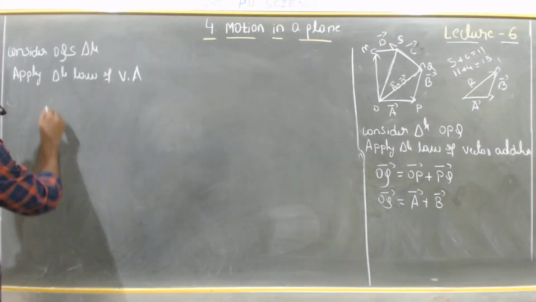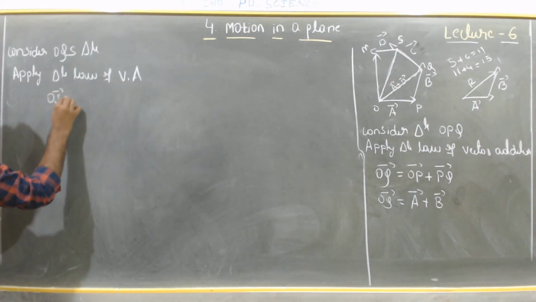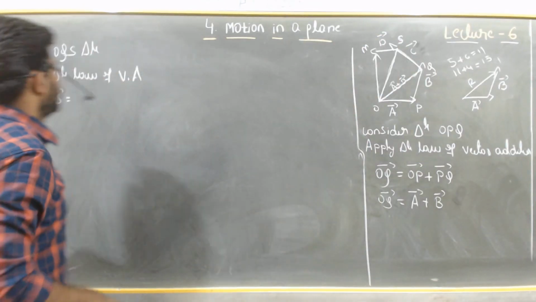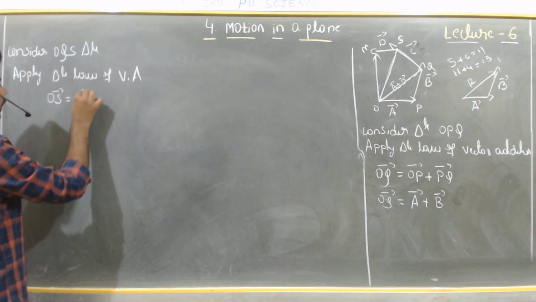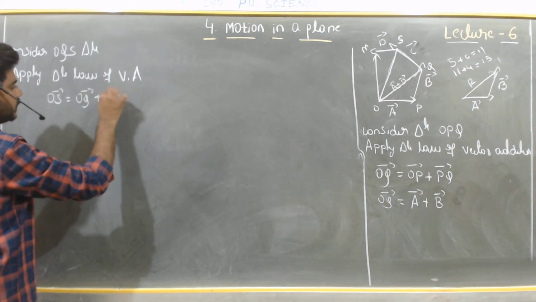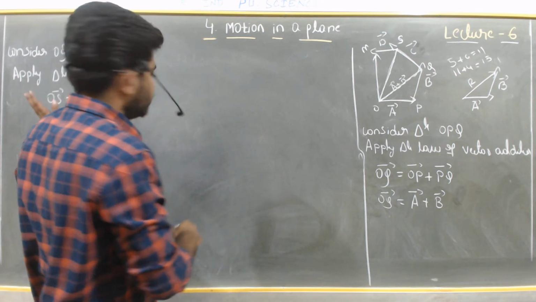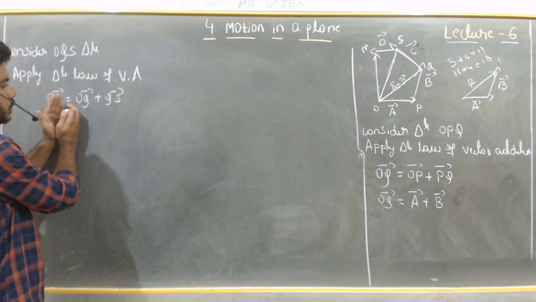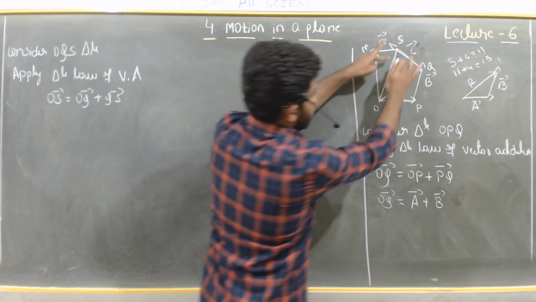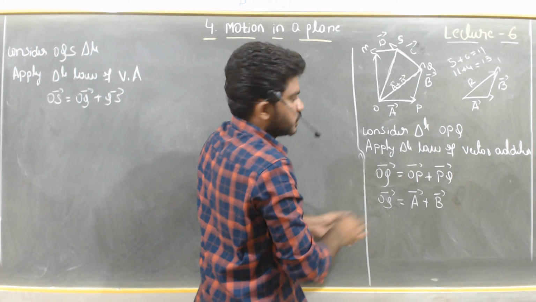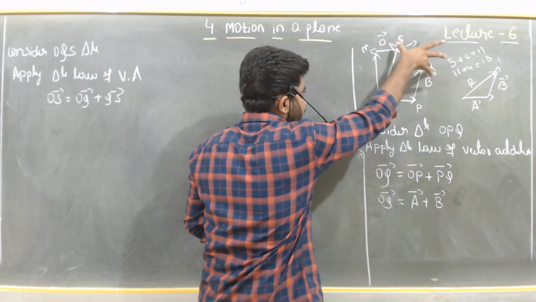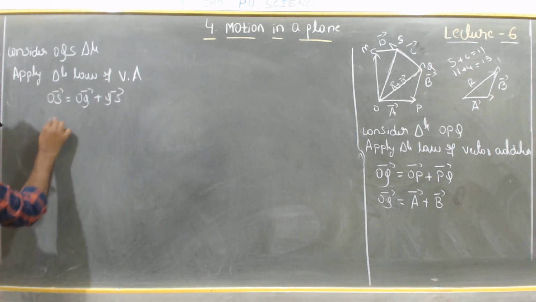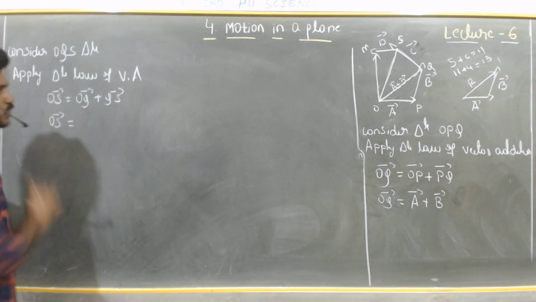So OS vector is equal to OQ vector plus QS vector. ಹೌದ್ರಿ, ಇದೇ ಥರ ಅದ ಟ್ರಯಾಂಗಲ್ ಆಫ್ addition, ಇದೇ ಹೇಳ್ತದ. Third side is equal to the sum of the two sides. Yes, third side, that is OS, is equal to the sum of the two sides, OQ and QS.